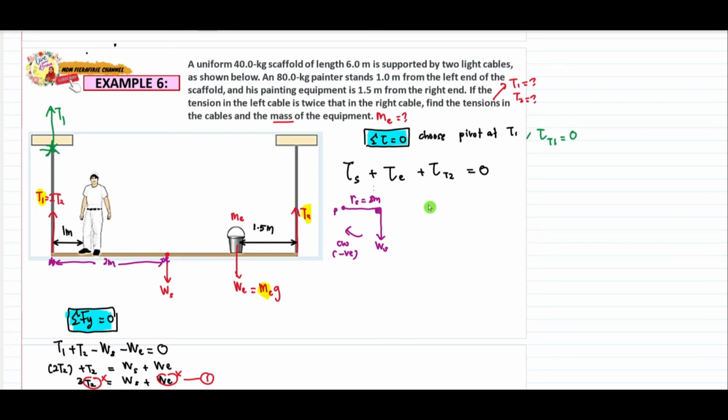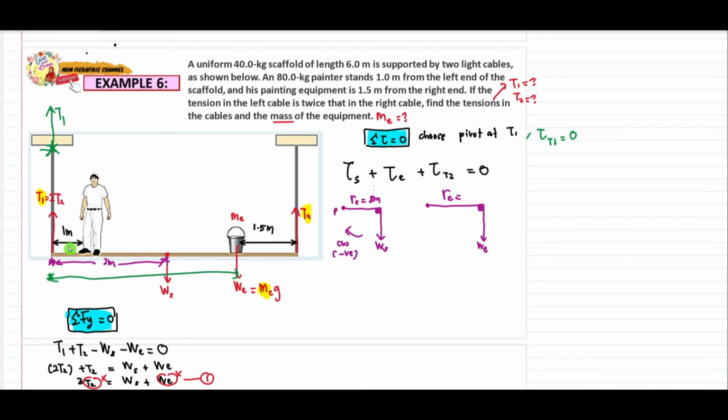Okay, and then for the torque due to the weight of the equipment, so from the pivot to the position of the equipment, the weight here tak tahu berapa, so this 90 degree. So RE tu nak ukur daripada mana pula? So sama juga daripada pivot here, ke sini.